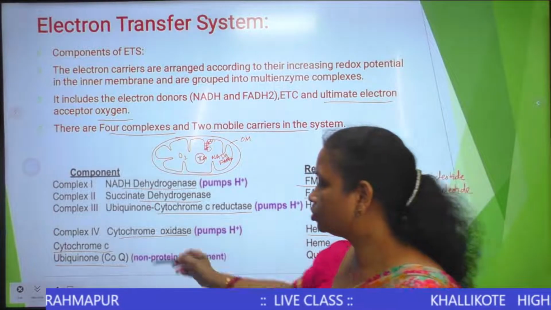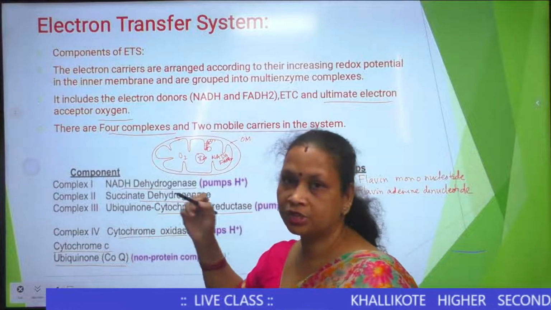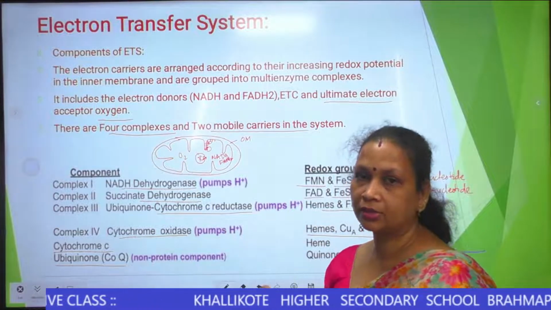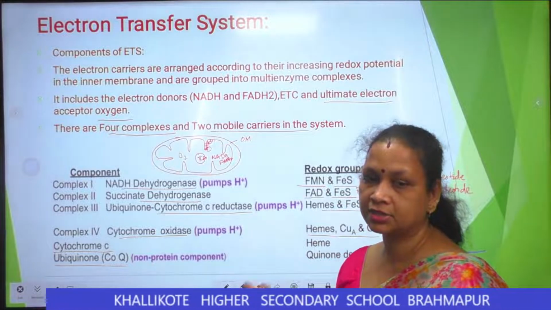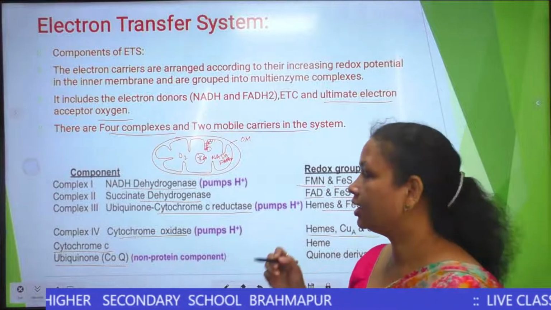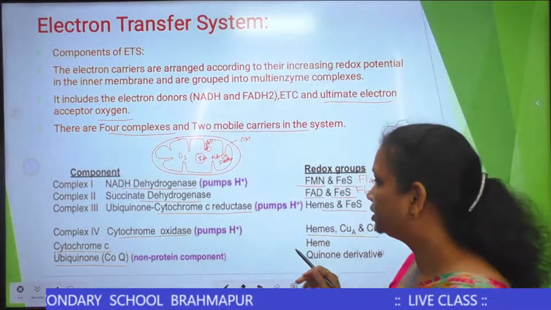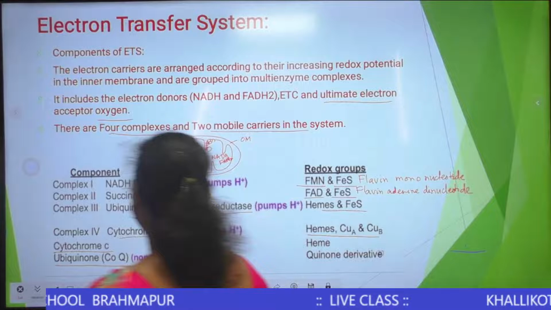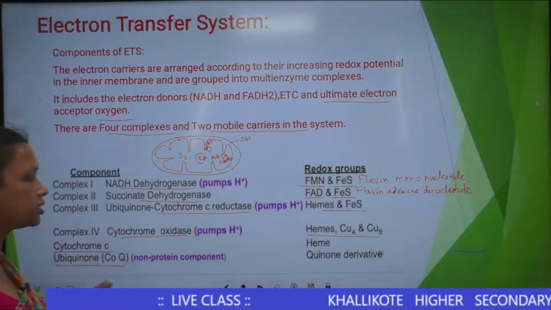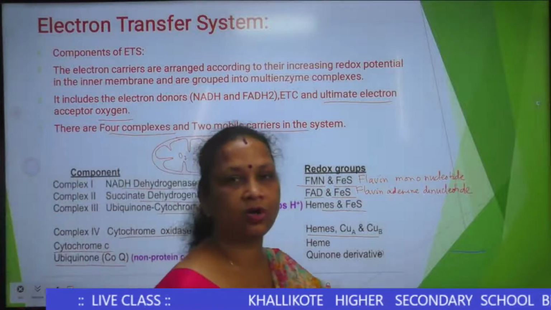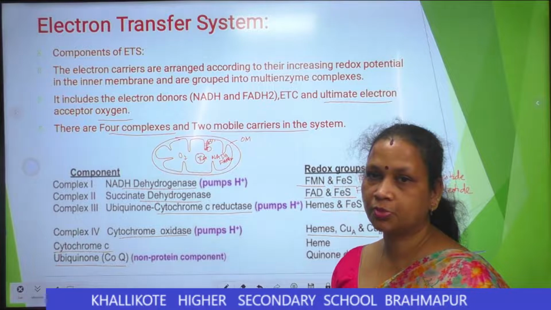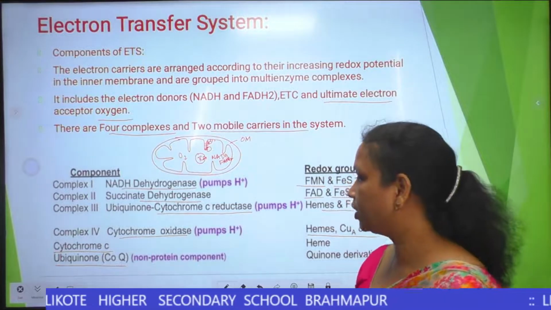These two mobile carriers help move the electron from one complex to another, while the complexes remain embedded in the membrane. So, these are the four complexes. The last part here will also include your F0, F1 particle or the ATP synthase, which takes part in the synthesis of the ATP molecule.